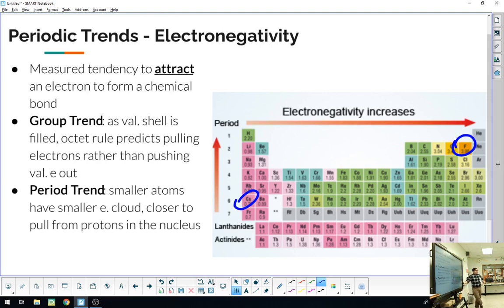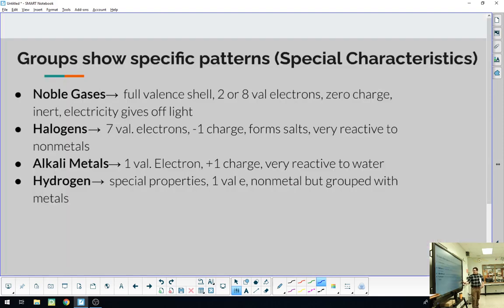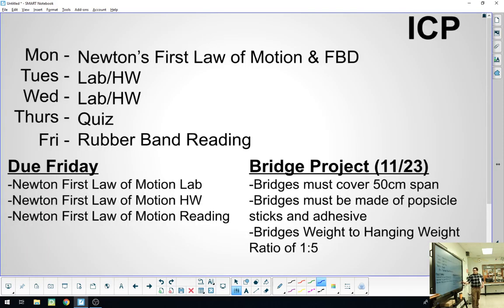And then we're going to unpack this a little more when we talk about chemical bonds. Ionic bonds, covalent bonds, metallic bonds. And that all has to do with what those electrons tend to want to do. I'm going to go back real quick, but I believe, oh no, we got one more slide after this, and then we're done for today.